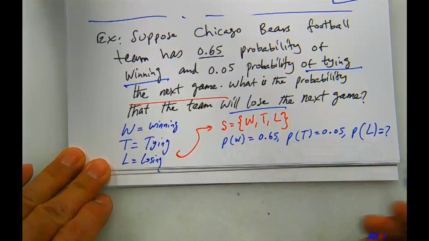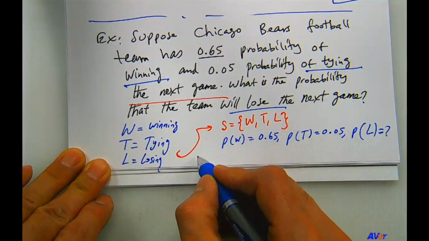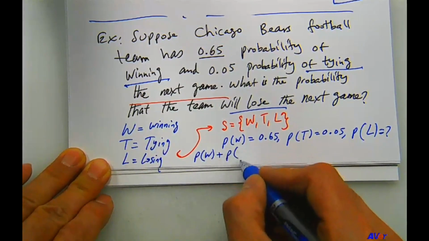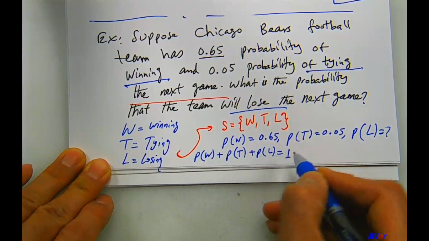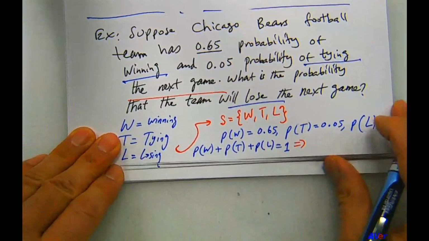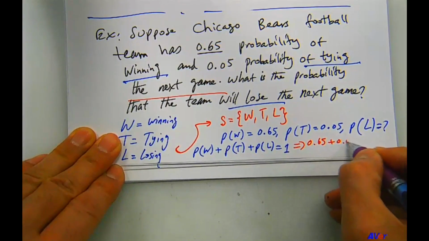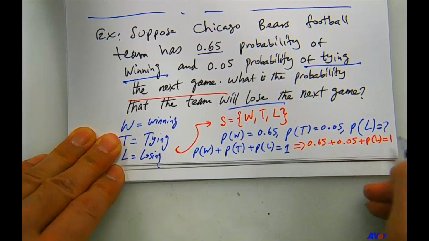We know the whole thing should add up to 1 because it's part of the same sample space. So probability of W plus probability of T plus probability of L should be equal to 1. Therefore, we have 0.65 plus 0.05 plus probability of L should be 1.